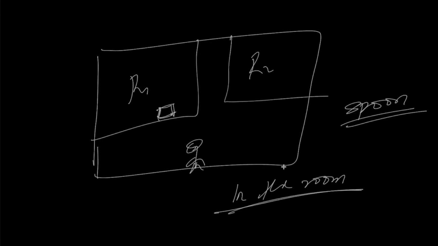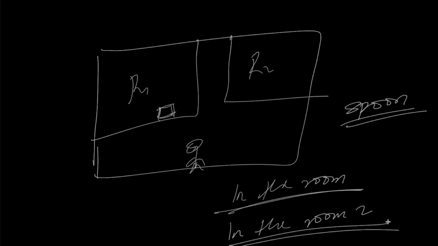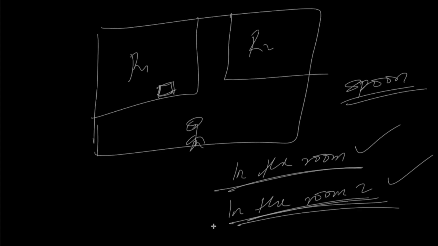If the person tells you it is in room 2, this one is more precise. This is better for defining a set. So both of them are correct, but this one is more precise, so this is preferable in a set. When you can define the object precisely, then we can use it as an object of a set.